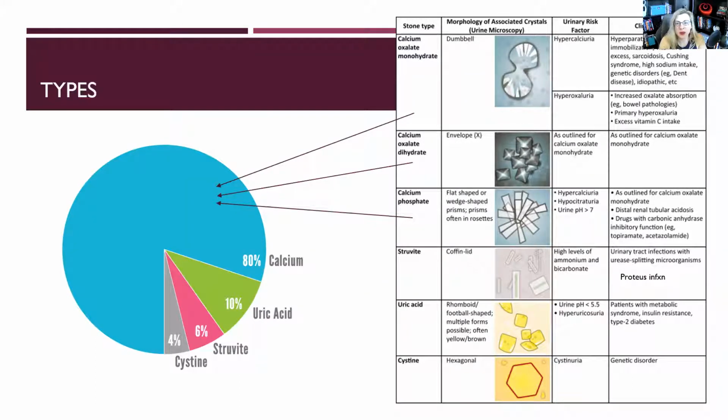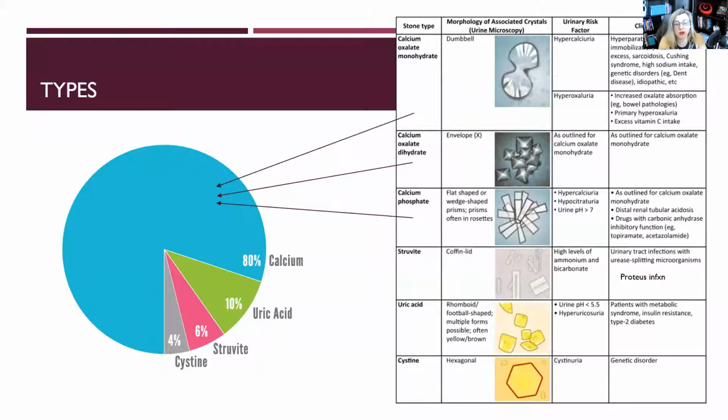Now, again, because we're not in pathology and we're not the ones evaluating these stones under the microscope, we tend to kind of understand that there are different stones and move on. But it's really handy to be able to answer patients' questions when they ask if they should use a strainer or not.